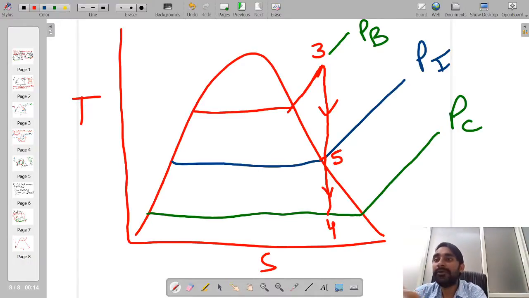Okay, now if you see over here what has happened, at this point number 5 we have taken out certain amount of steam, say this is nothing but Y fraction of steam. So because of that, if say from 3 to 5 total our steam was 1, what will be the fraction during the process number 5 to 4? That fraction is now nothing but 1 minus y.